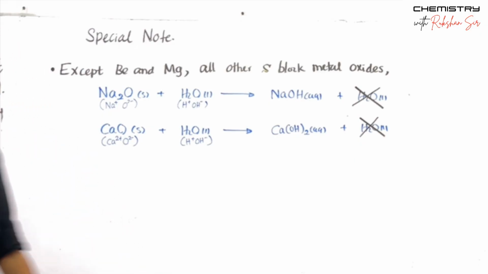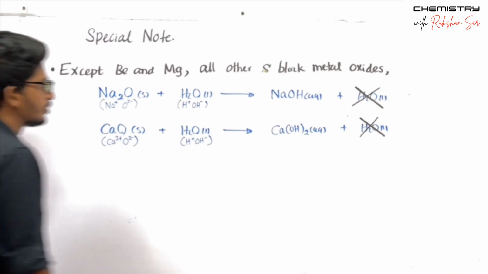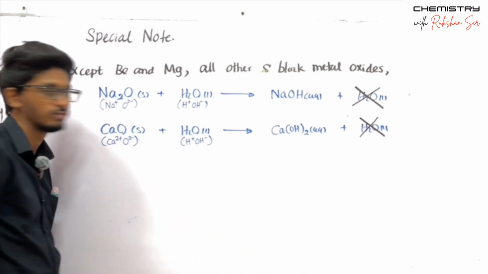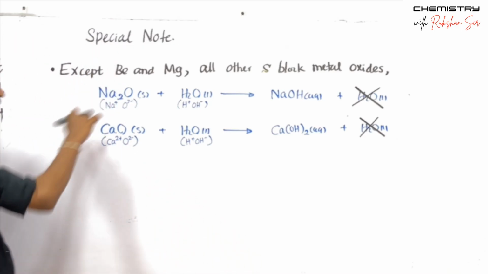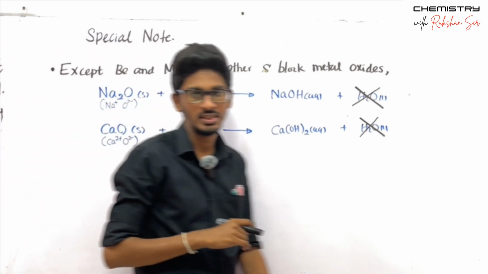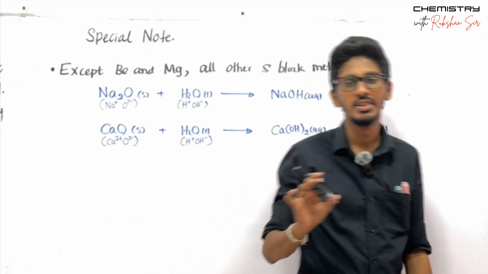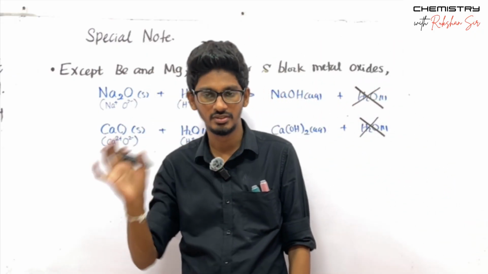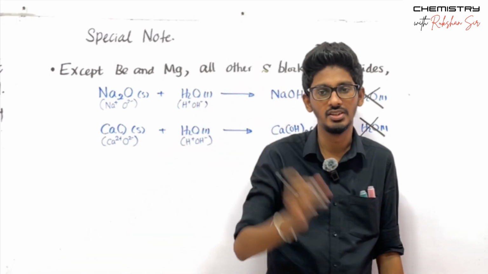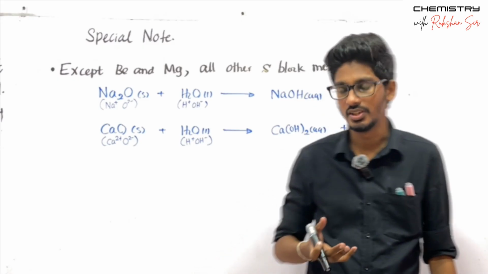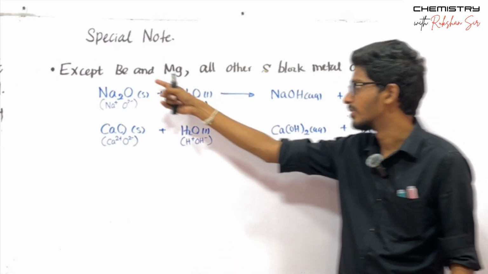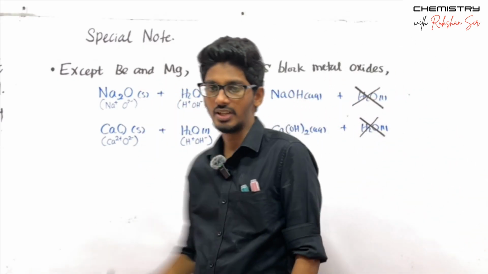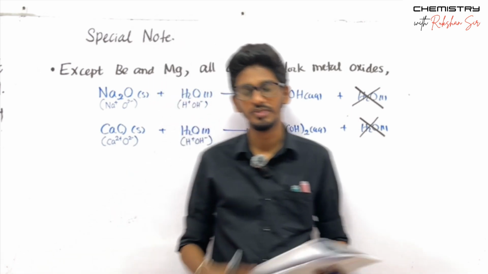That is how the oxides of S block will react with water. Remember, beryllium oxide and magnesium oxide won't react with water. We'll discuss that later in today's session, when we discuss how these oxides and the metals react with water, why beryllium and magnesium won't react, and what kind of pattern appears with the oxides reacting with water.